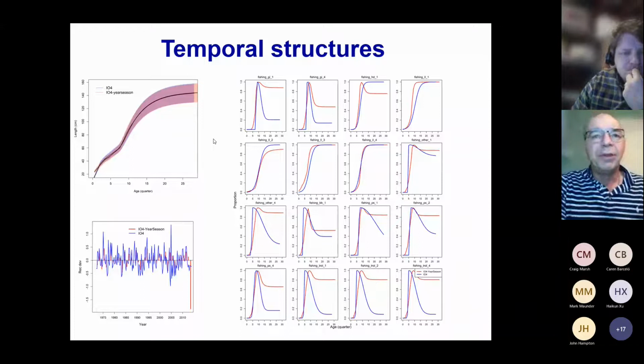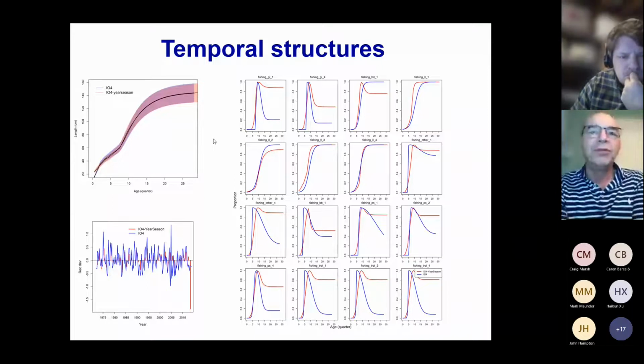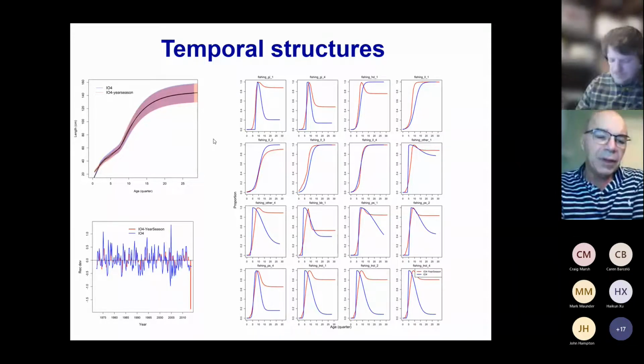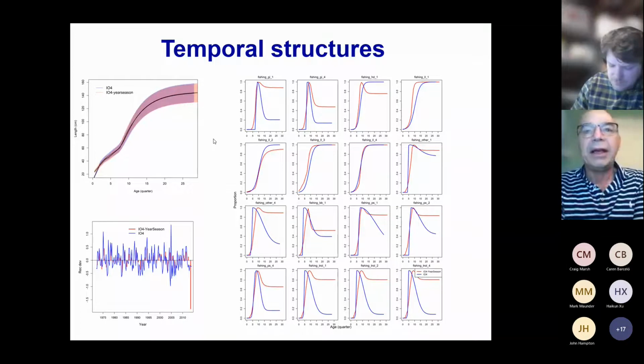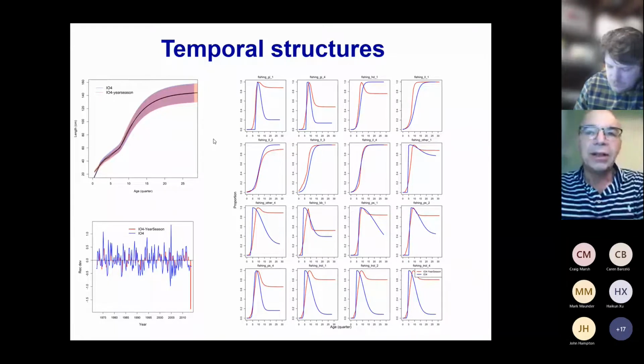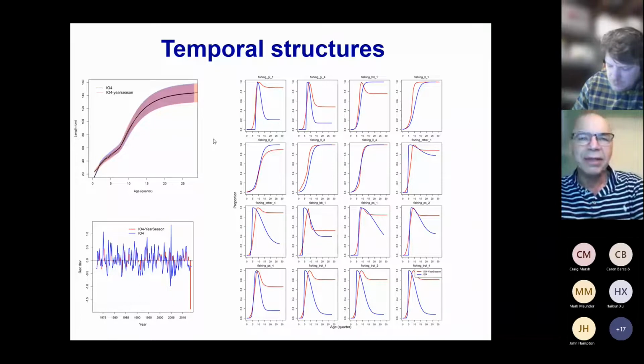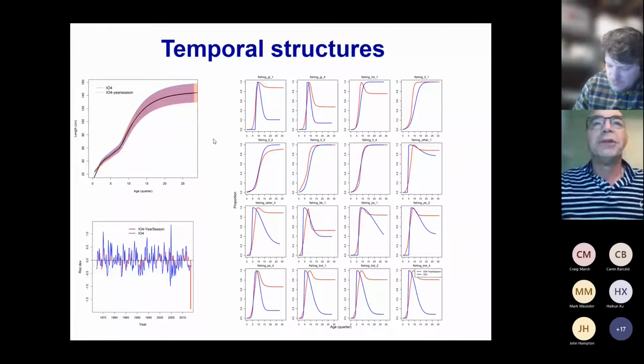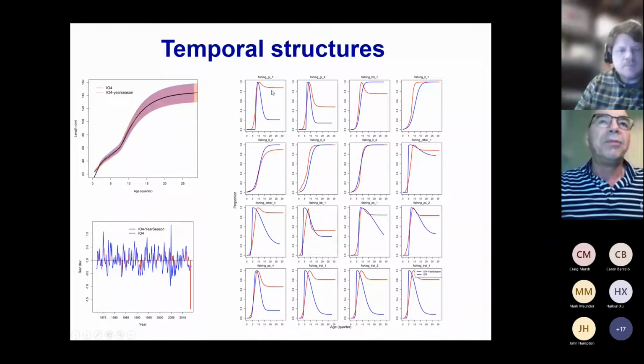And I think this is because as we move to the structure that had seasons within years, in order to achieve enough flexibility in selectivity, we switched to doing it as dome-shaped selectivity in length.